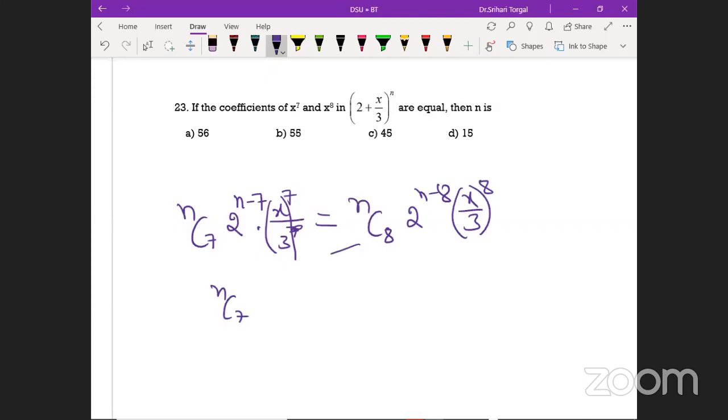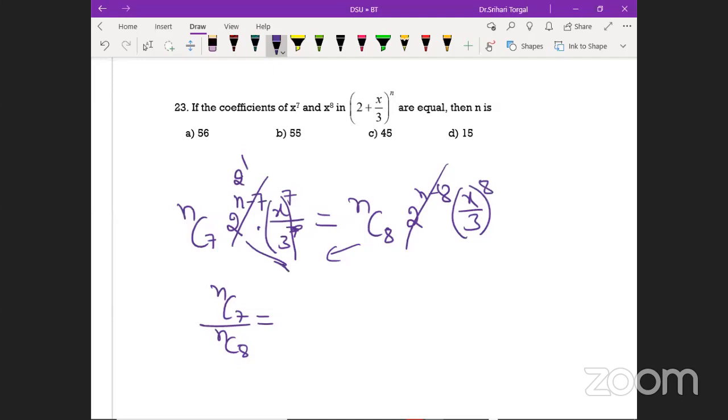NC7 divided by NC8, which is equal to 2 power n minus 7 by 2 power n minus 8. When we cancel, what is left? Which one is greater? n minus 7 or n minus 8? n minus 7 is greater. When you cancel this, we're left with 2 power 1 here. Okay.